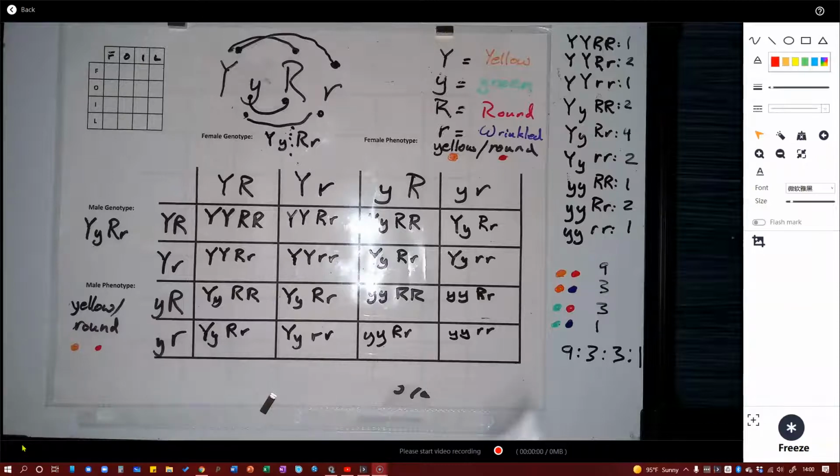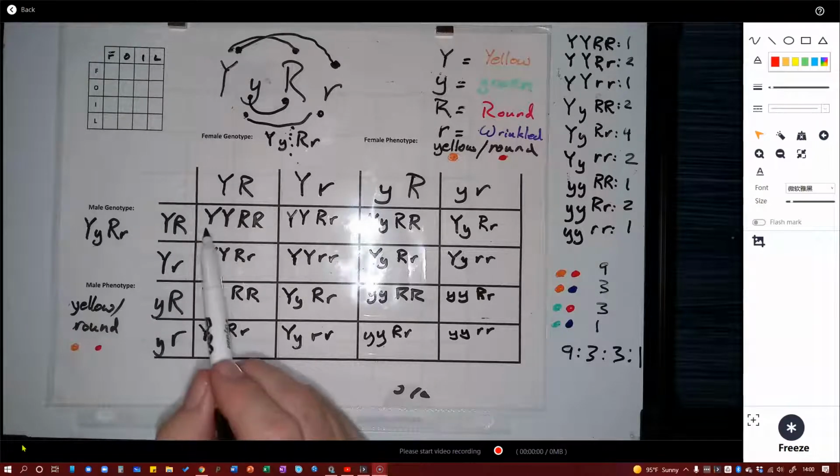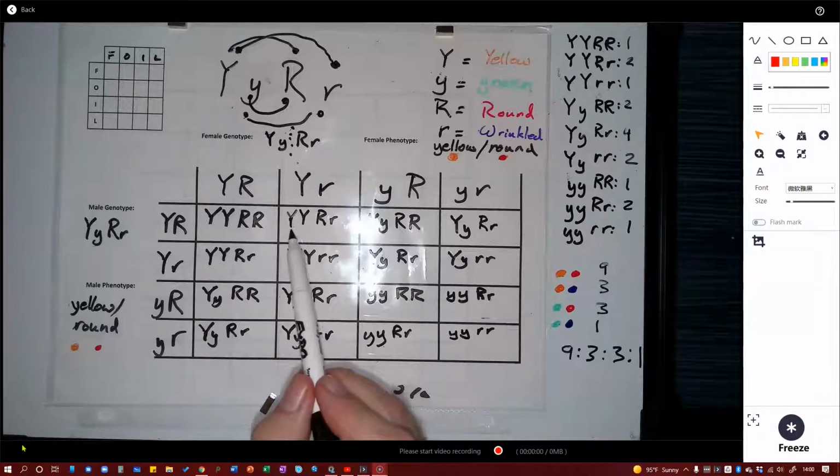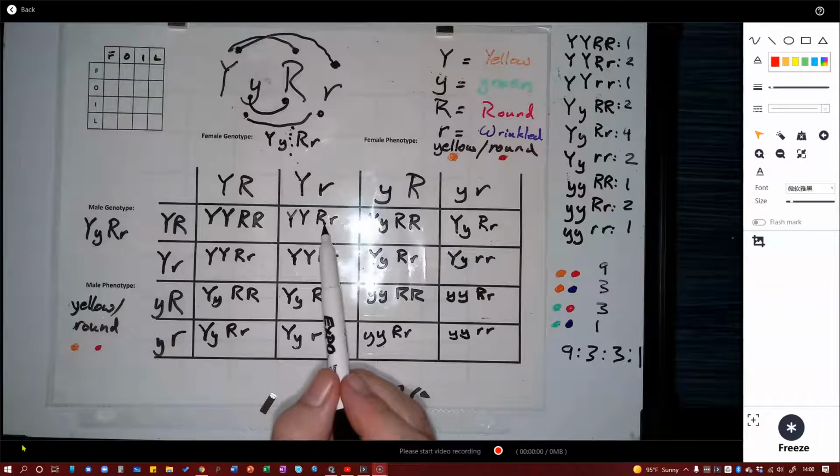While we only have one that is homozygous dominant for both genes, we've got two that are homozygous dominant for color and heterozygous for shape. 1, 2, see, like that.